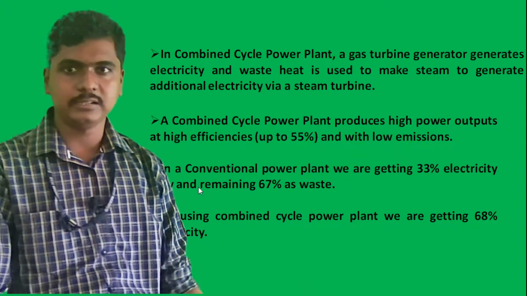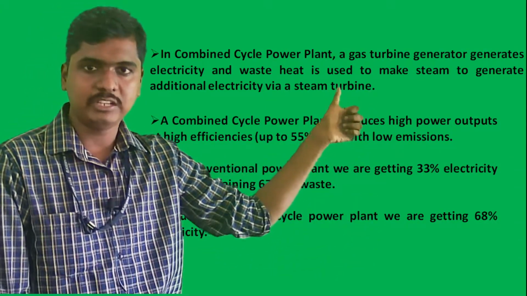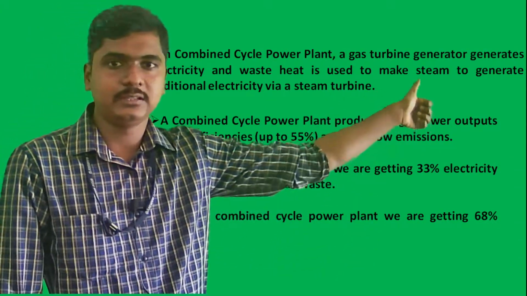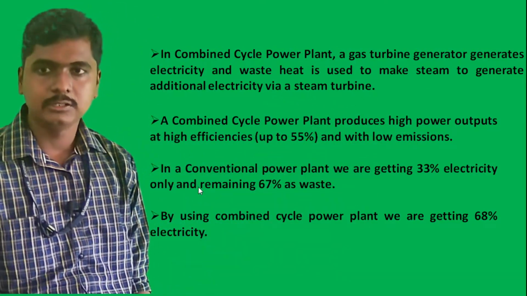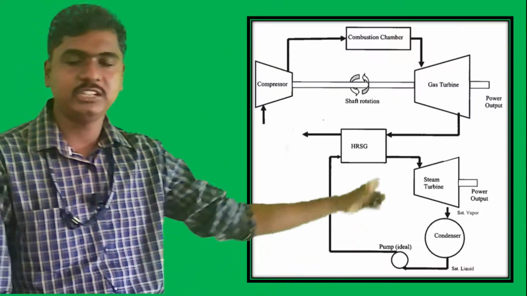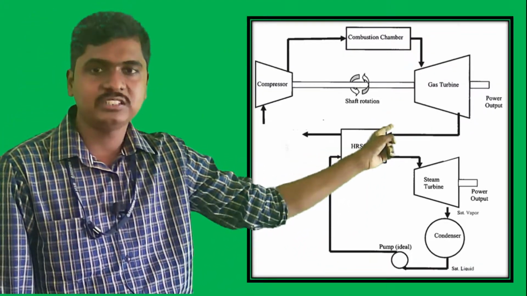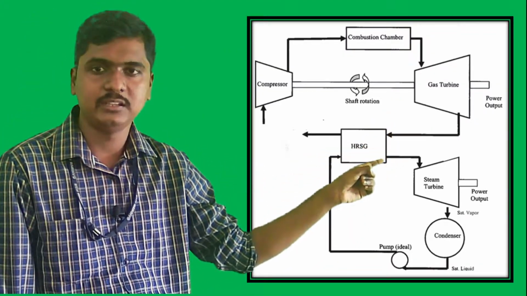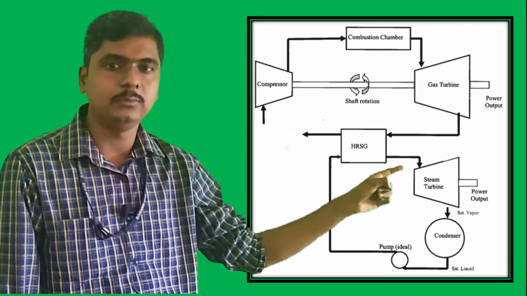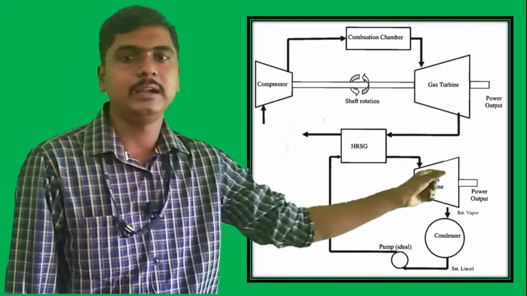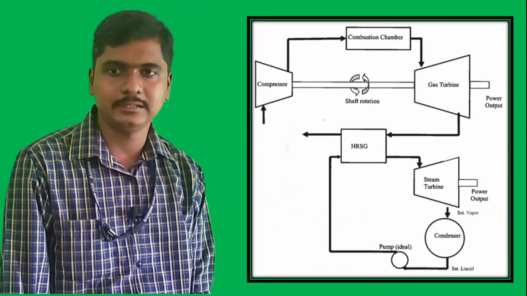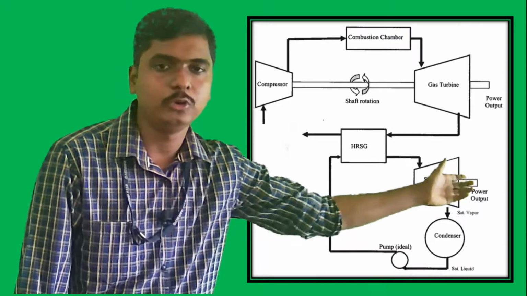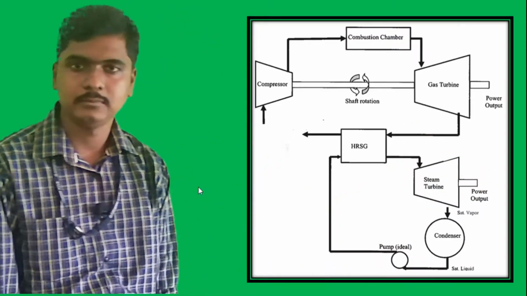Okay, same thing I have mentioned here, and the waste heat is used to make steam to generate additional electricity via steam turbine. So whatever waste heat we get here is utilized to generate steam, then the steam will expand in the turbine, and here additionally we will get mechanical work output, and from that work output we can get the electricity.